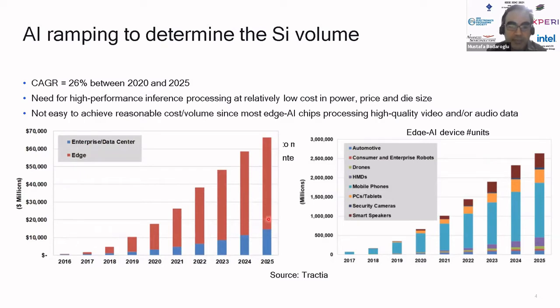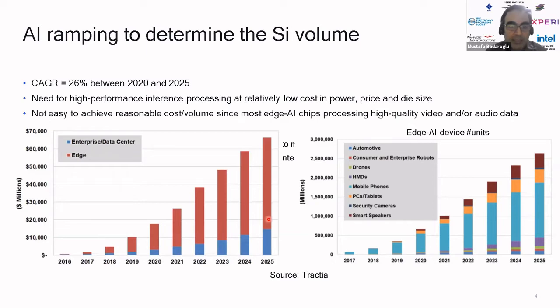This is a very impressive growth. Most of the silicon volume is also dictated by this application because you need to put in a lot of computation, and an enormous amount of parallelism is offered by this. Consequently, the silicon volume is also driven by this application.